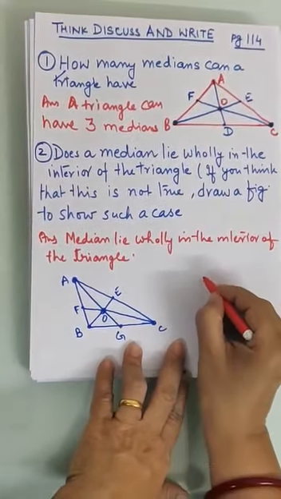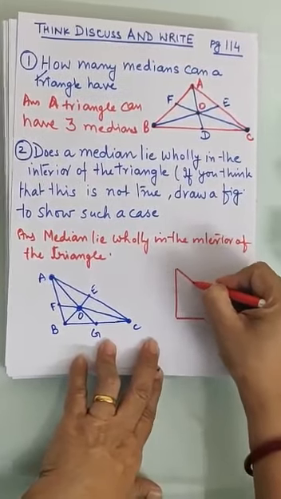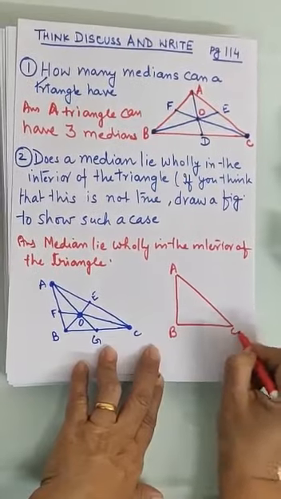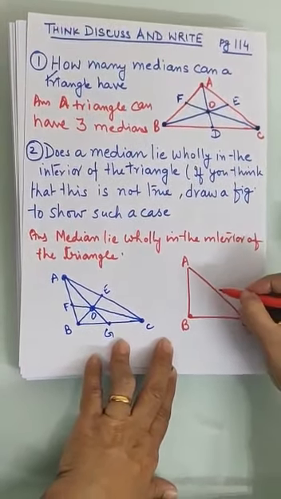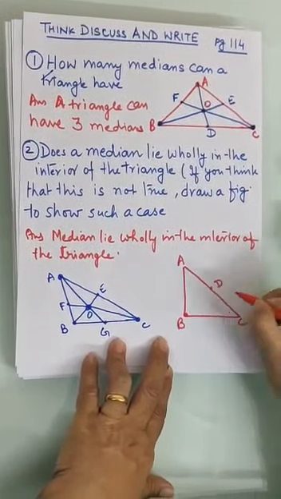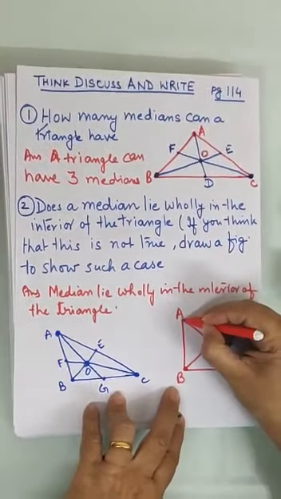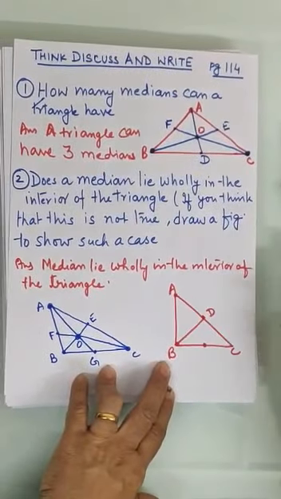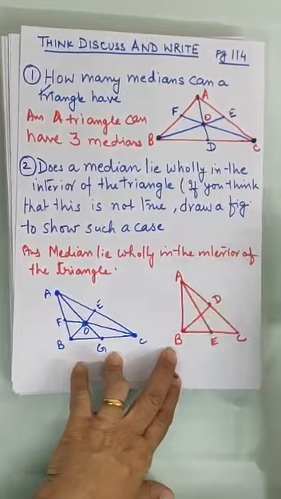Now let us draw a right angled triangle. Name it A, B, C. B is the vertex, opposite side is AC, mark the midpoint of AC, let it be this. Mark it D, join BD, this is the first median. Now vertex A, opposite side is BC, this is the midpoint of BC, mark it E and join AE.